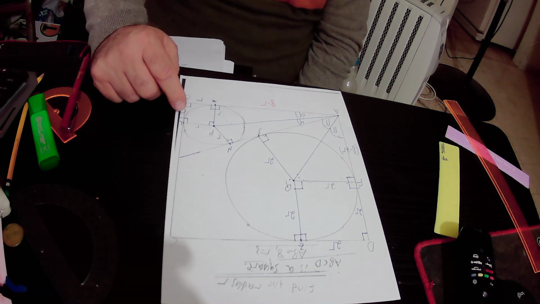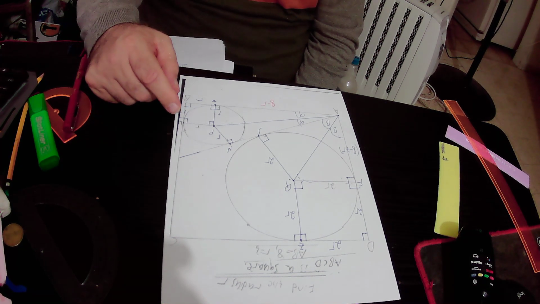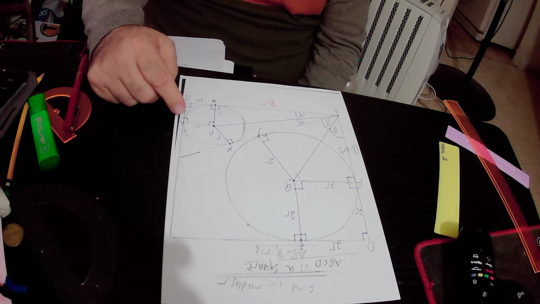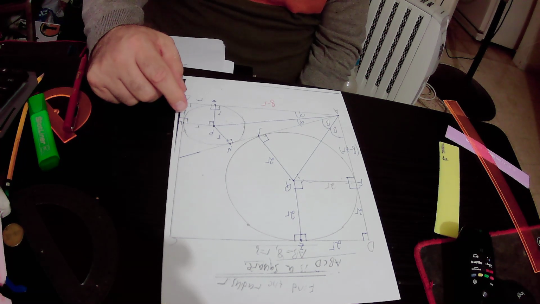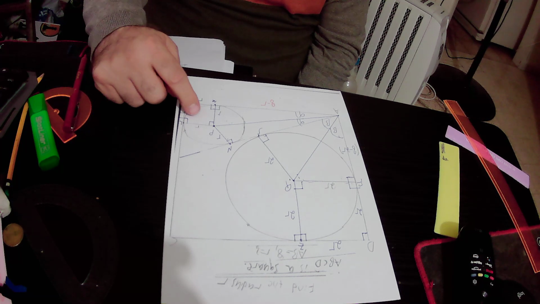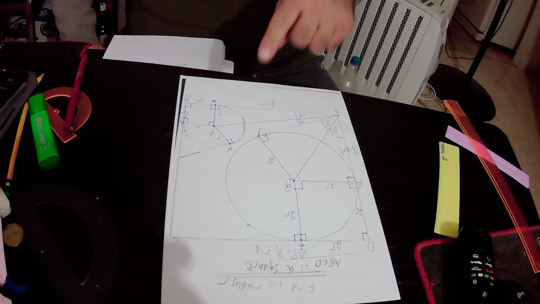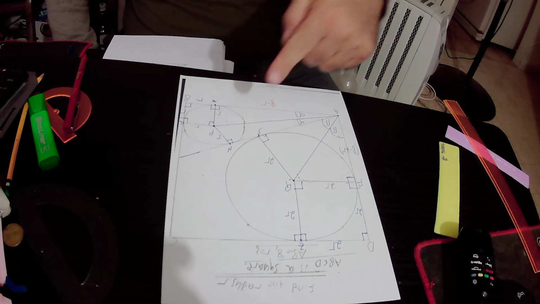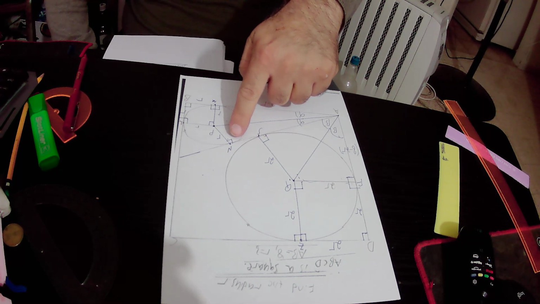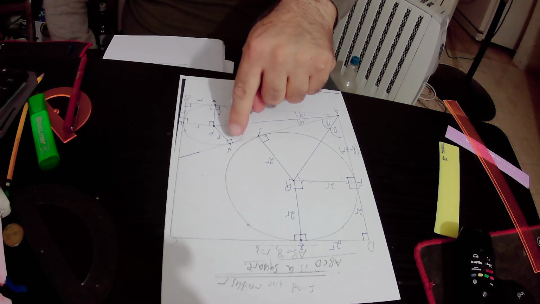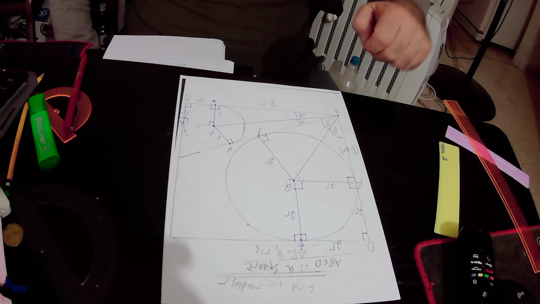And the same thing is about tangent BC, which is tangent to the small circle at point L. Point L is the point of tangency, so the tangent BC is perpendicular to this radius at the point of tangency. This is to say this angle is 90 degrees and this angle is 90 degrees. The same thing is here. Here it is 90 degrees because the tangent is perpendicular to this radius at the point of tangency.